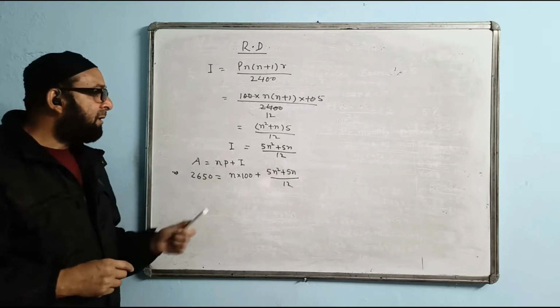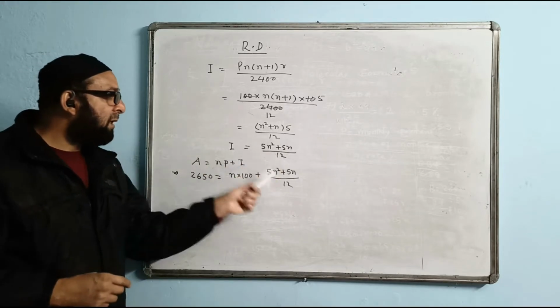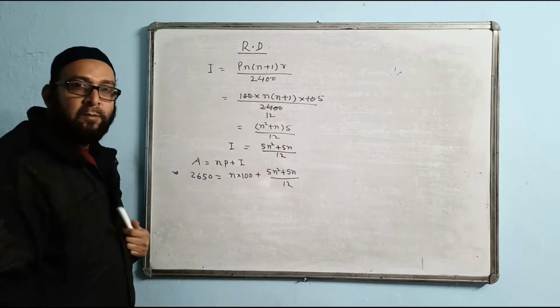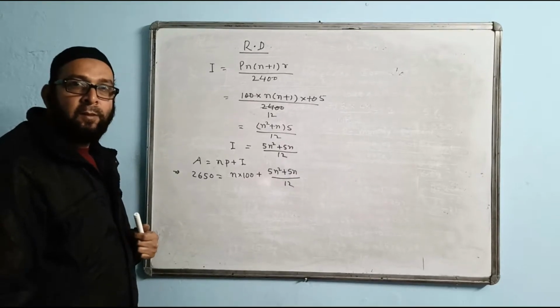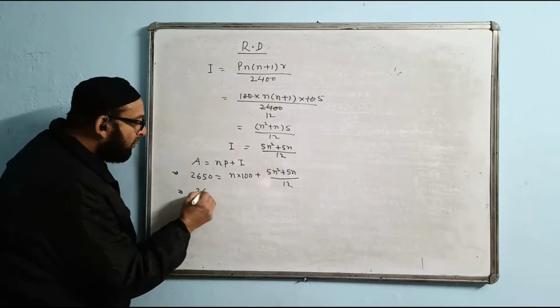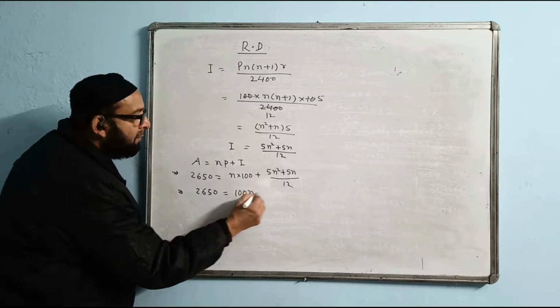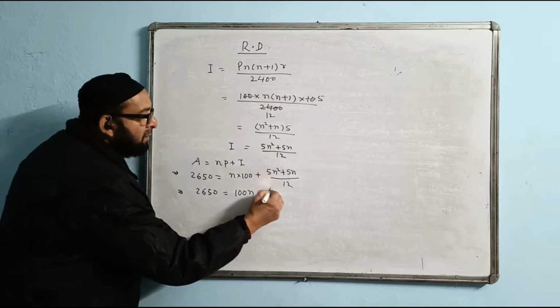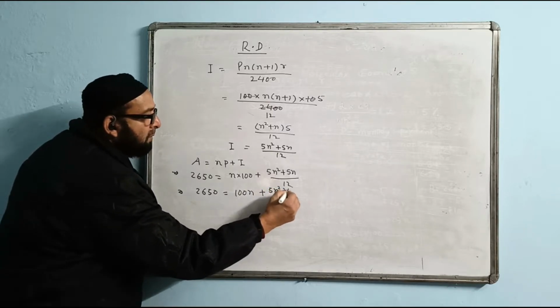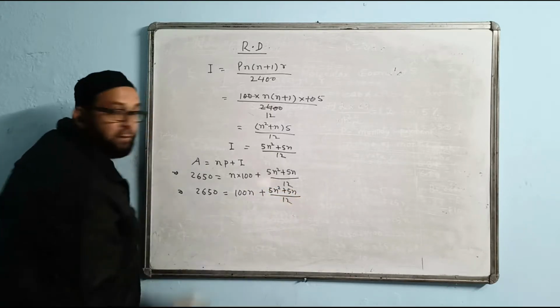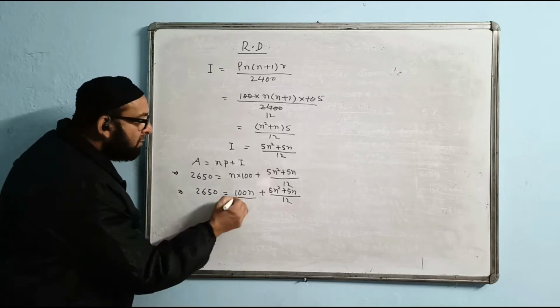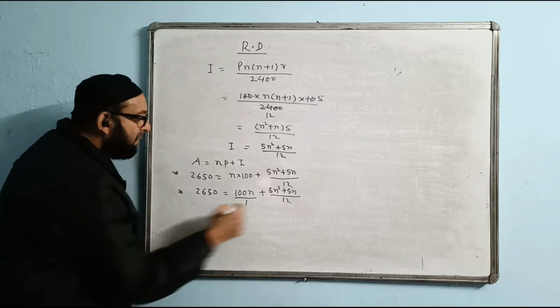And P value is 100 plus I value is this much. I will put that value. Now next time you see how I am doing it. 2650, 100 and n I multiply become 100n plus this one I will just copy, 5n square plus 5n upon 12. Below this we have got 1. We will take LCM.